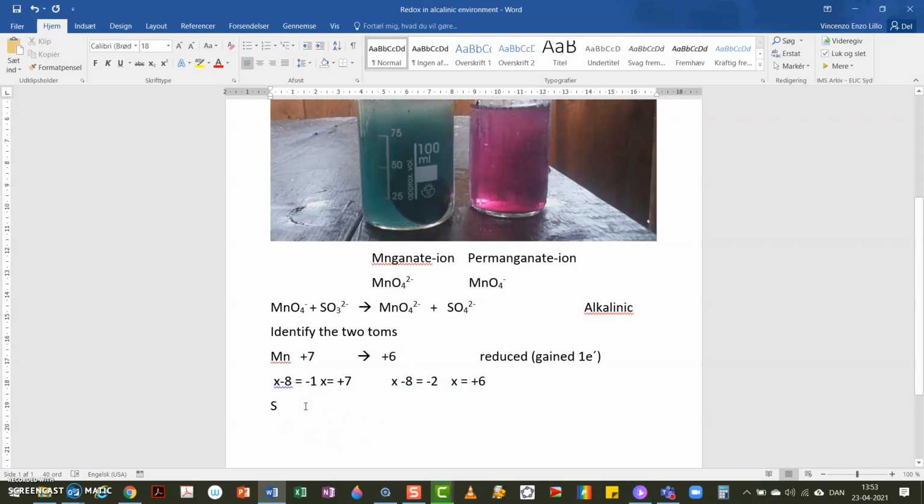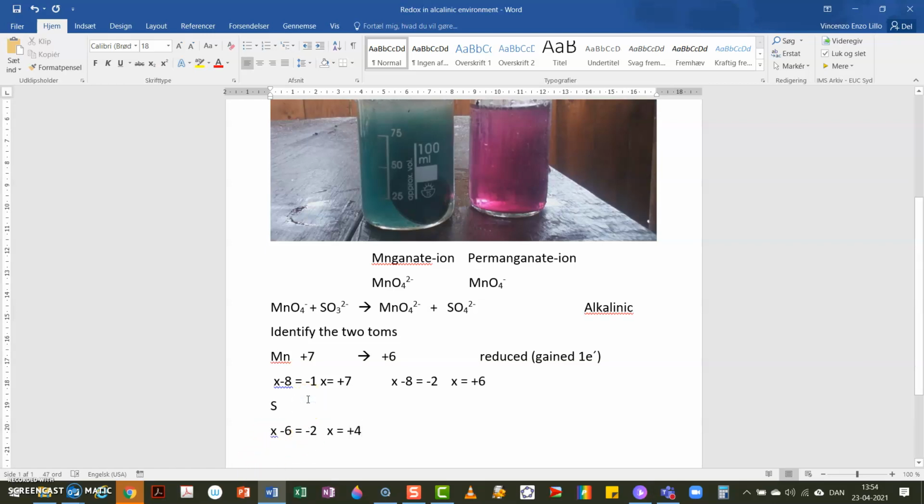Now the sulfur. Sulfur goes from what? Well, let's have a calculation. The charge of the ion is -2. There are 3 oxygens, so they contribute with a number of -6. The sulfur is our unknown number. Solving this, we get that the sulfur has, in this case, an oxidation state of +4.